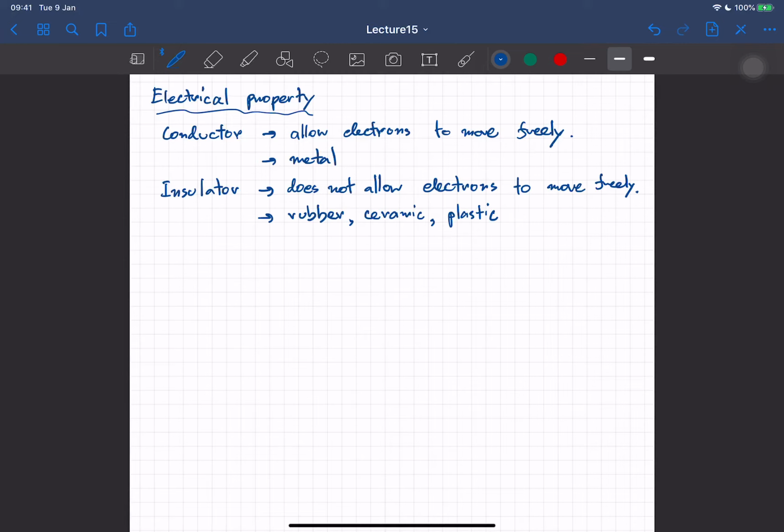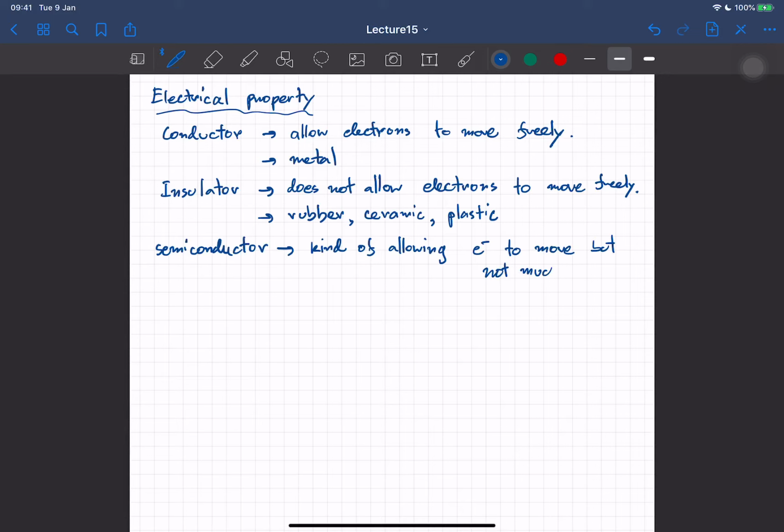Now I said there are three kinds, right? So what's the third one? The third one is called a semiconductor. We're not going to talk too much about this, but it is extremely important. I don't know what the proper scientific word is, but it's kind of allowing electrons to move, but not much.